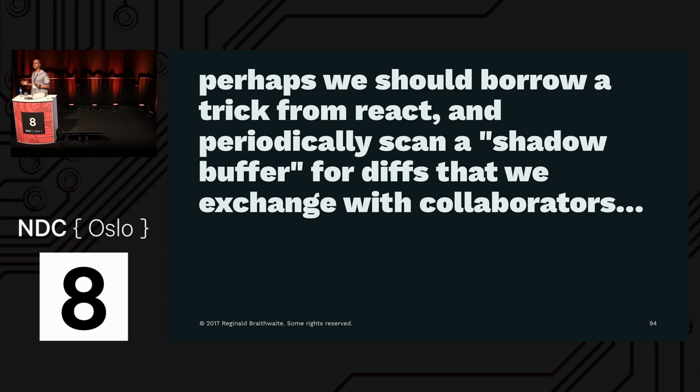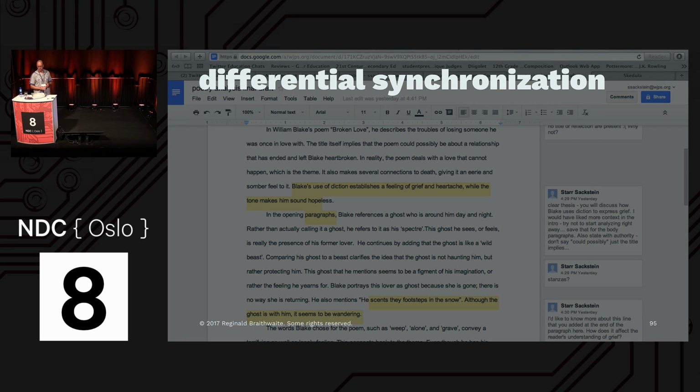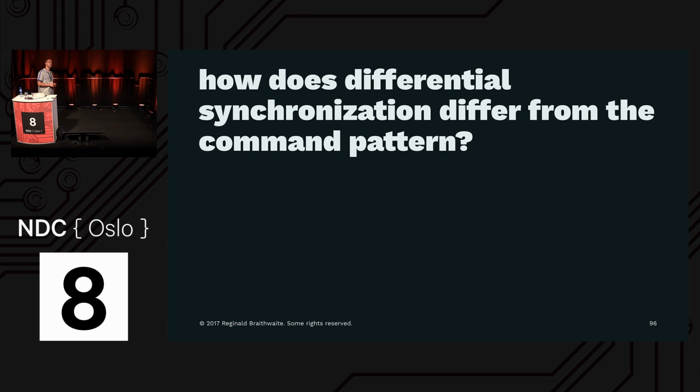It is an effective algorithm, but it's a trade-off. You lose some of the semantics. So if you want to use the same thing for timelines that you did for synchronizing documents, that's not going to work so well. And here's an example from Google Docs. You could just scan it and find all the changes. Now, as I said in passing, when you use something like differential synchronization, you gain some mathematical simplicity.